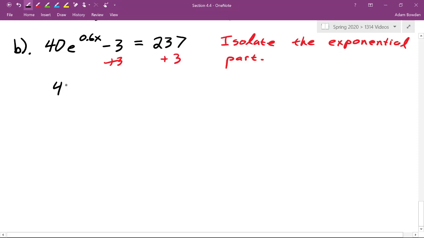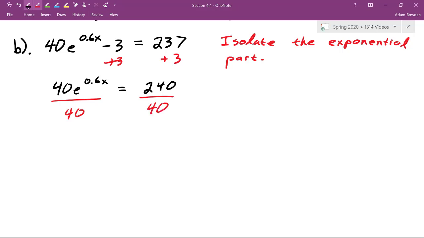So we're going to get 40e to the 0.6x is equal to 240. We can then divide both sides by 40 because we're just trying to get e to the power situated here by itself. So divide by 40, 240 divided by 40 is 6.